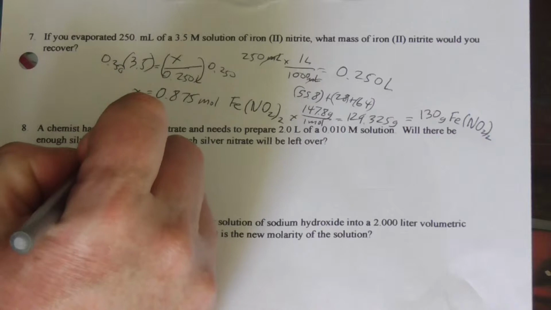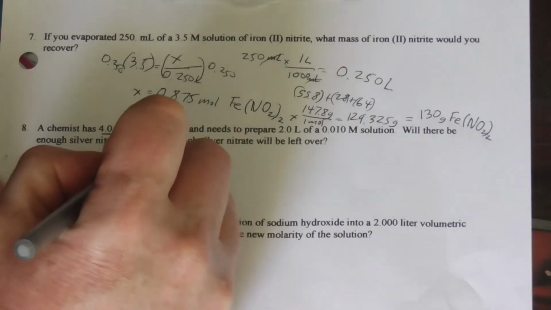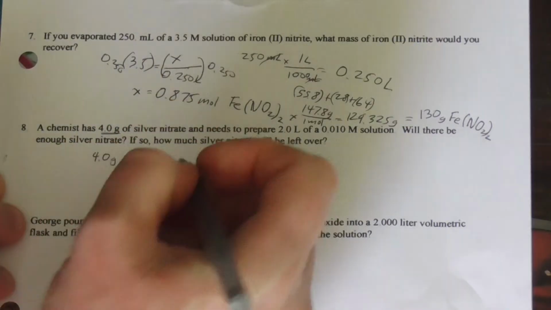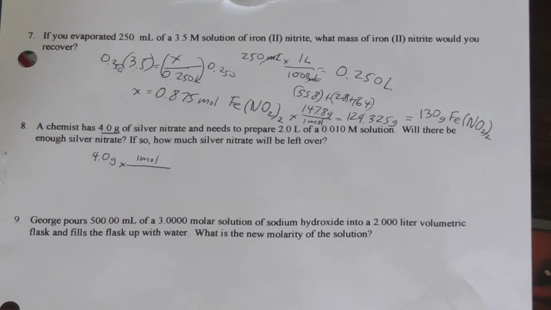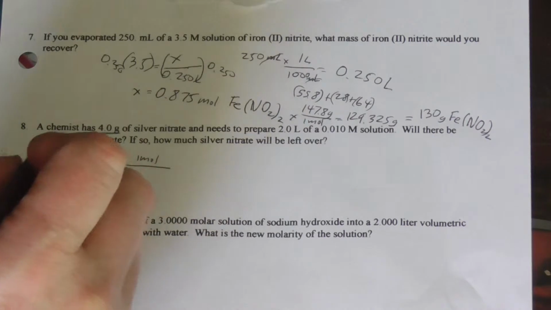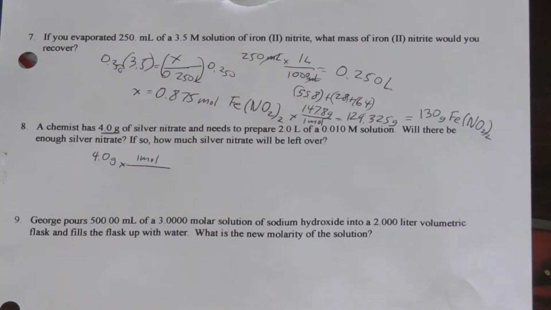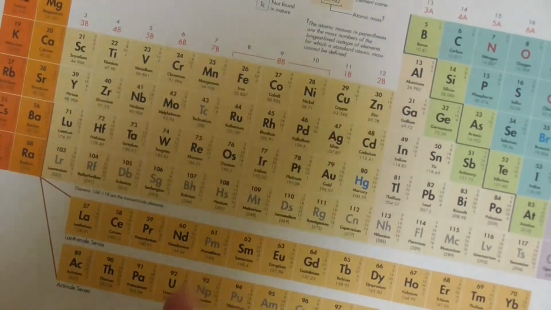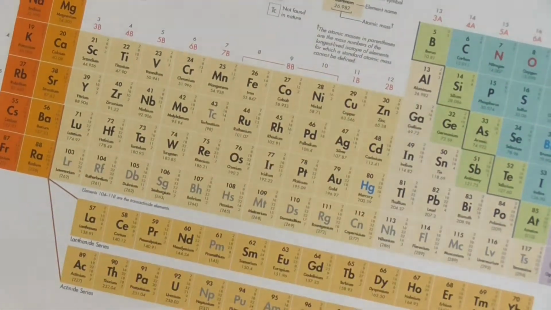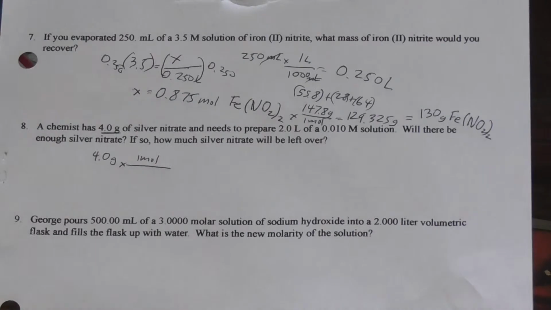So 4.0 grams times 1 mole over the gram molar mass of silver nitrate, which is AgNO3. Going to my trusty periodic table, silver is 107.87.